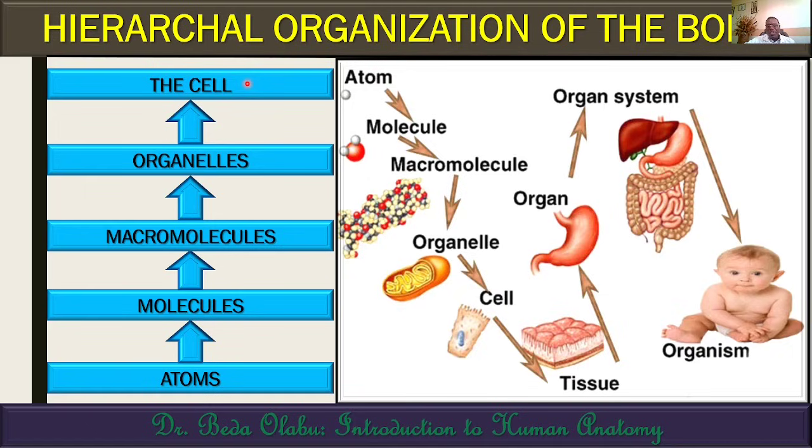We have different types of cells in the body. According to varieties, there are over 100 different types of cells in the body. But when these cells combine to form tissues, we have still a good number of tissues, maybe over 20 different types of tissues in the body.